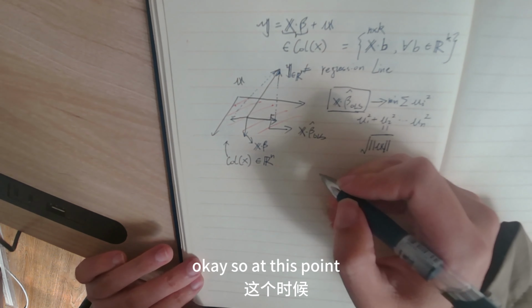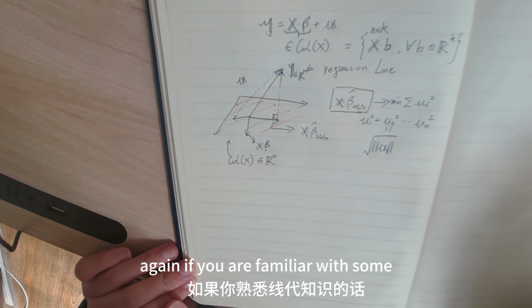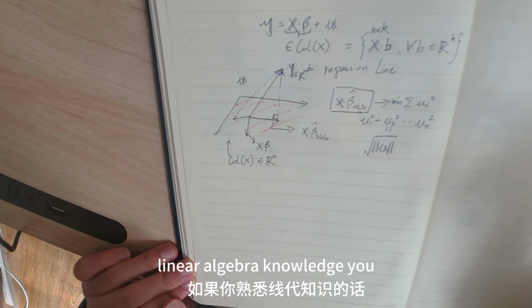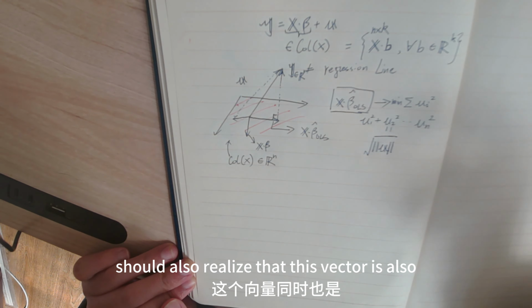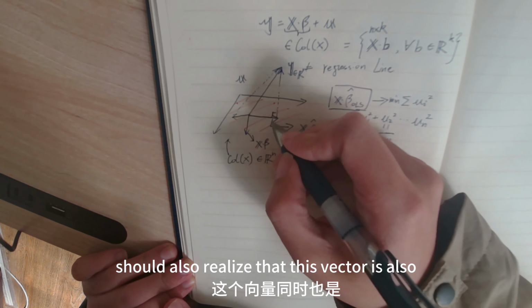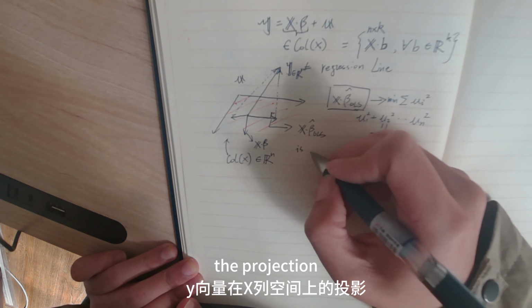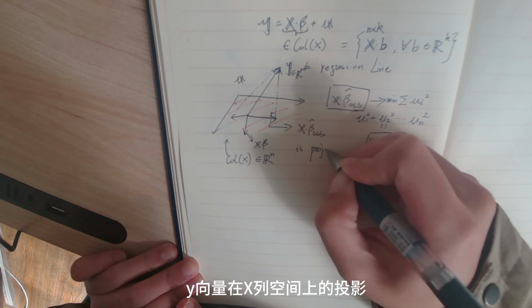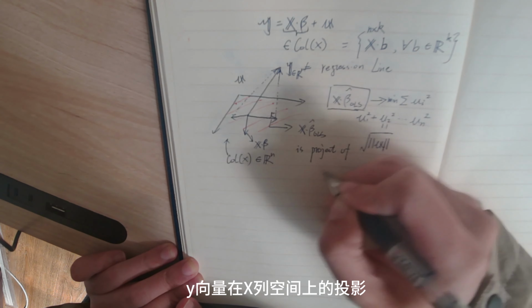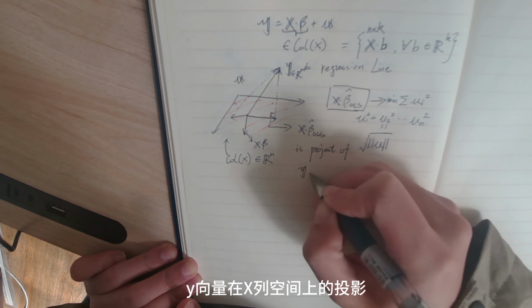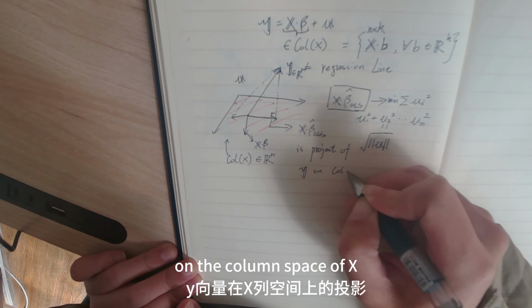At this point, if you are familiar with some linear algebra, you should also realize that this vector is the projection of our vector y on the column space of X.